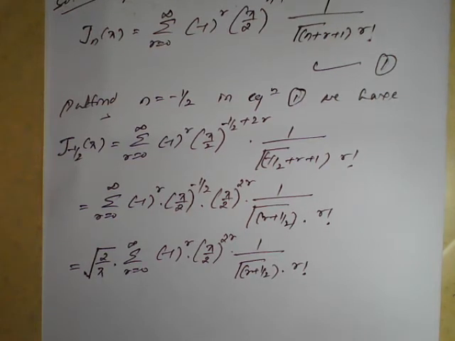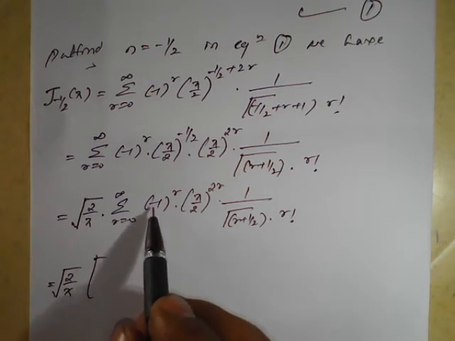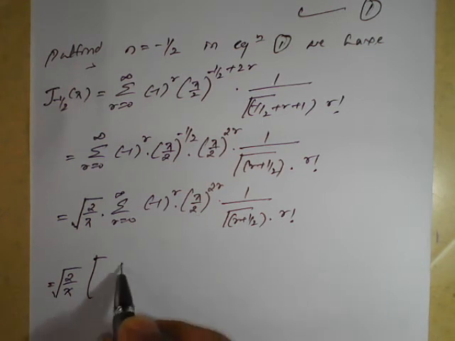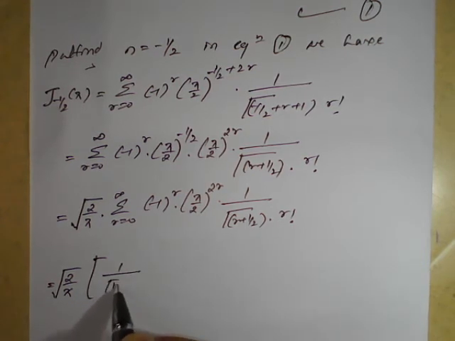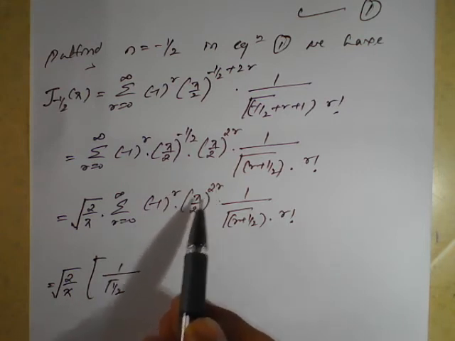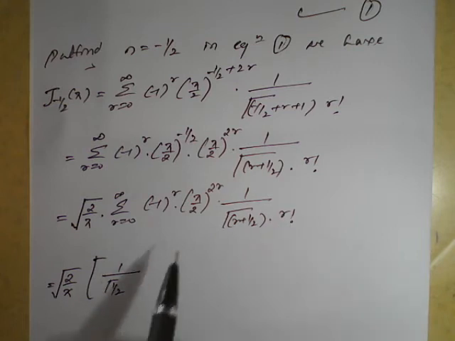on simplification, here we need to simplify by putting r is equal to 0, 1, 2, 3, and so on. So square root of 2 upon x as it is, bracket, when r is 0, this term will become 1 upon gamma of 1 upon 2, because minus 1 raised to 0 is 1, x upon 2 raised to 0 is 1, r is 0 means gamma of 1 by 2, 0 factorial is 1, so therefore 1 upon gamma of 1 by 2.